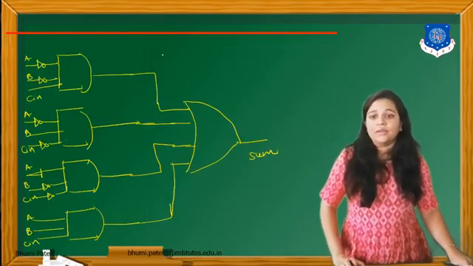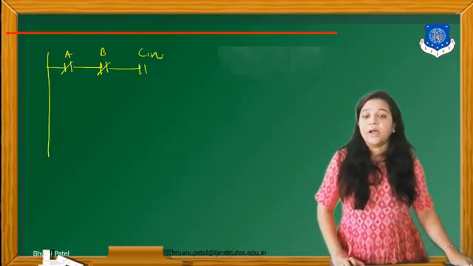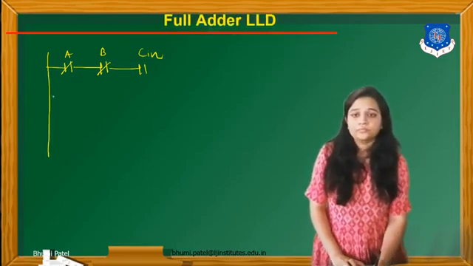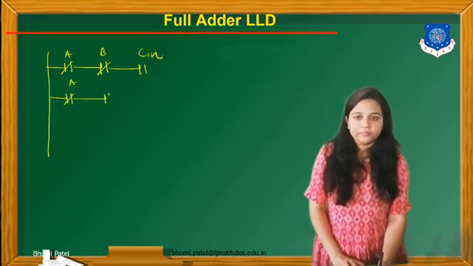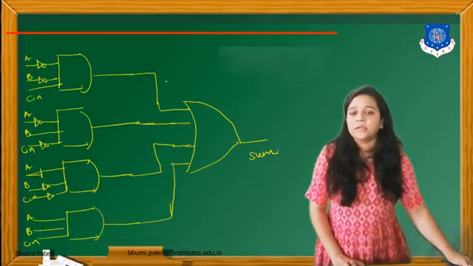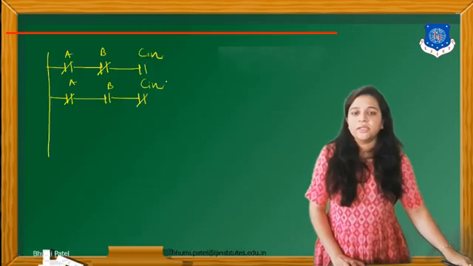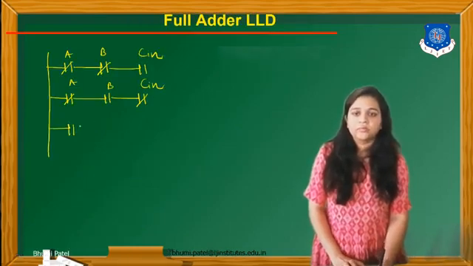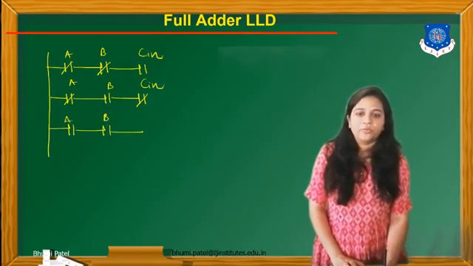What is the second condition? A bar B into C in bar. So we can write here A bar, B, C in normally closed contact. The third condition is A B bar C in bar. So A, B as it is, and we can put the C in connection.